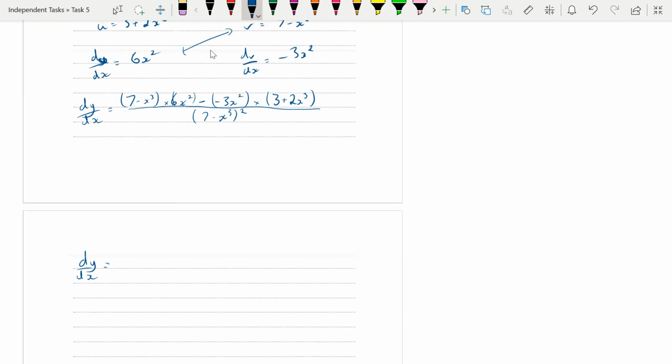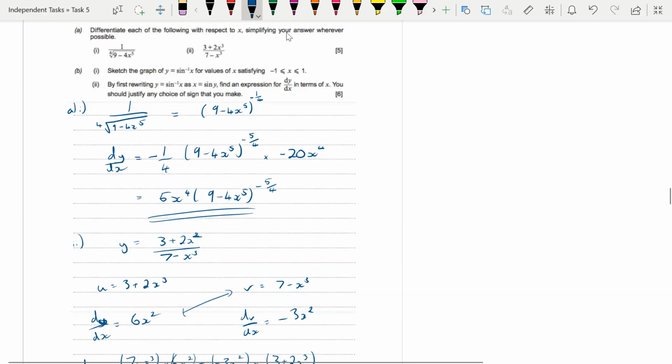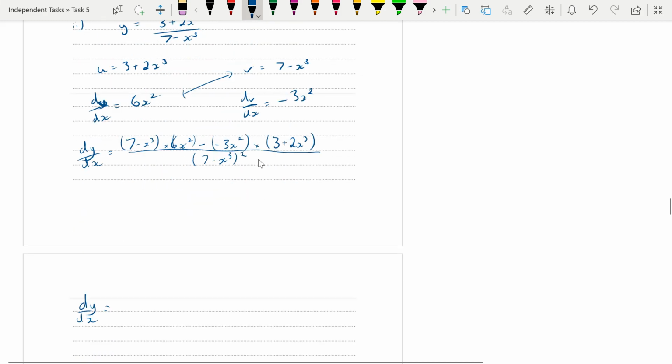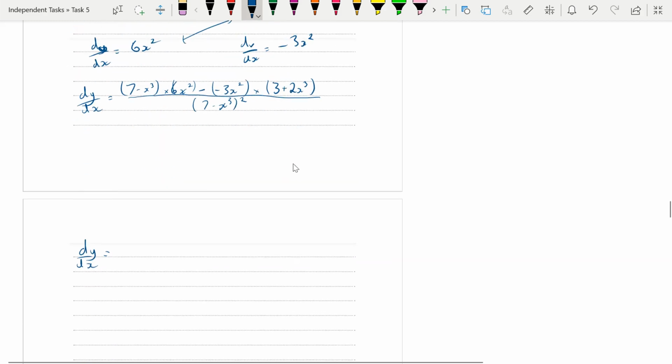Okay, it does say to simplify the answer whenever possible, which I did for the first one, and I need to make sure I do now. So I'm going to expand those brackets. So I end up with 42x squared minus 6x cubed plus, because I've got two negatives, 9x squared, and then plus 6x to the power of 5.